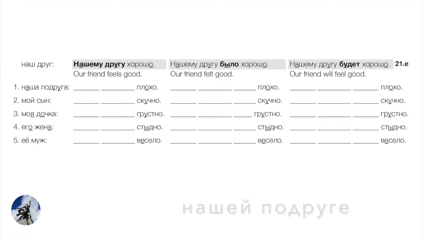Нашей подруге будет плохо. Number two, dative of мой сын. Masculine will be моему сыну. Okay, he is bored. Моему сыну скучно. He was bored. Моему сыну было скучно. Again, we have to stick with the neuter form of the verb. Same thing in future tense.